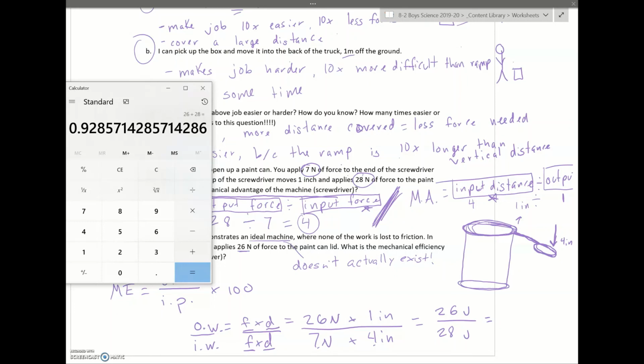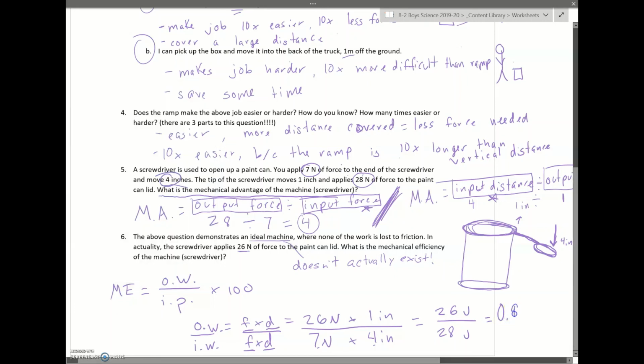We're going to round that to 0.93. Multiply that number by 100, which gives us 93%. So, in actuality, this is a pretty efficient machine. Most of the work that you do is being converted onto opening up that paint can lid.